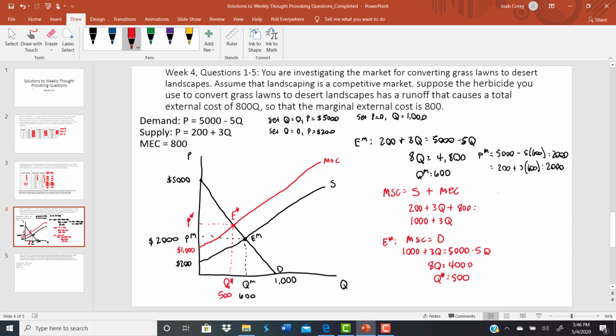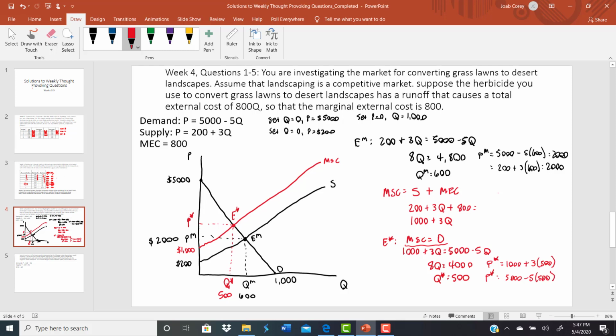And then again, if we want to solve for price, we can do that by plugging that Q star into either of our equations. Remember that you want to plug it into the equations you used to get that Q star, so MSC or demand. The MSC equation is 1,000 plus 3 times 500, and our demand is 5,000 minus 5 times 500.